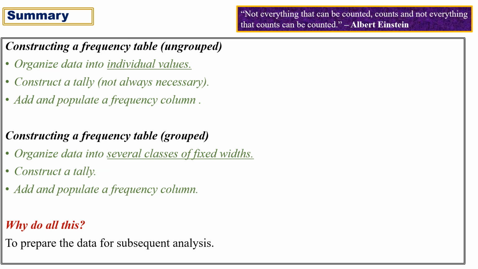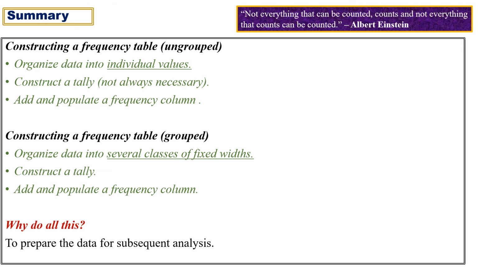So just to recap, for the SBA, it would be gather the data, structure the data, analyze the data, and then discuss whatever findings you were able to extract from the data. All right, so this is why we construct frequency tables. We want to prepare the data for subsequent analysis.